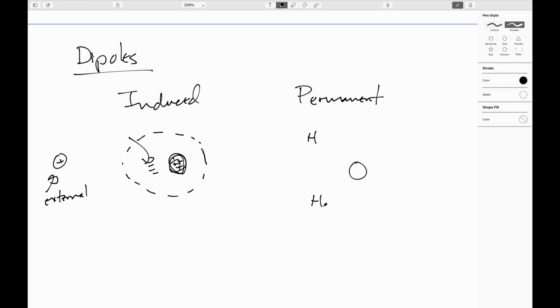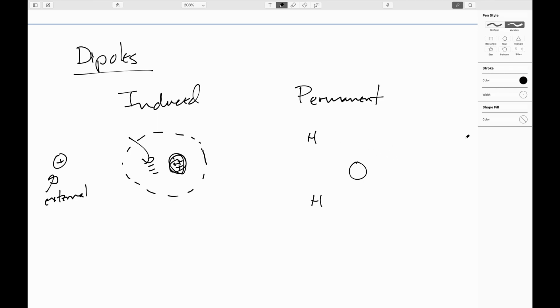So if you have, say, 2 hydrogens and an oxygen, curiously, the angle that the hydrogens make with the oxygen is exactly equal to the angle made by Mickey Mouse's ears. So this often gets called the Mickey Mouse model of the dipole.